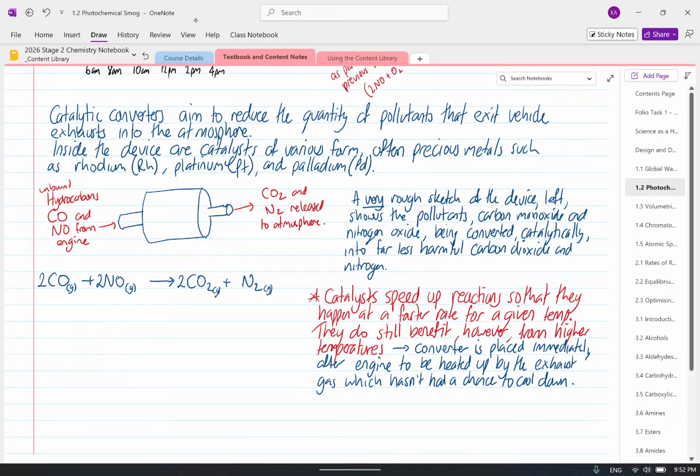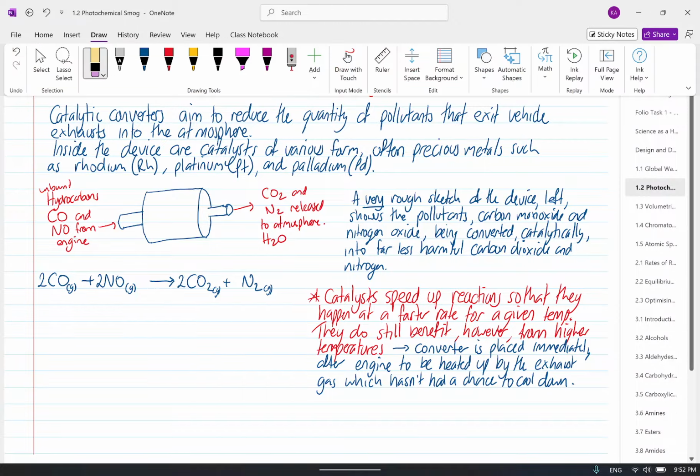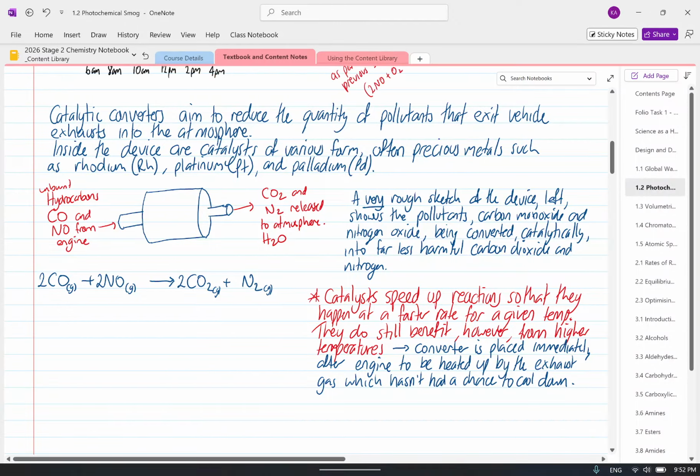And we'll also have water vapor, which comes mainly from the hydrogens in the hydrocarbons. All three of those substances are not going to negatively impact people in the short term. So again, CO2 and climate change, but we're not concerned about that for the moment.